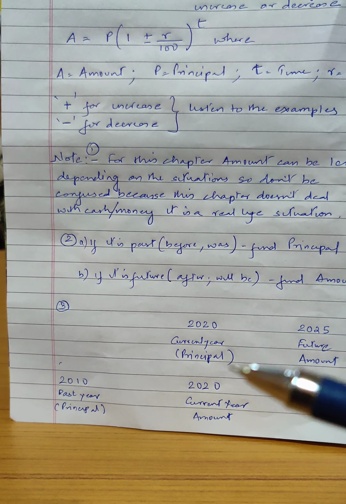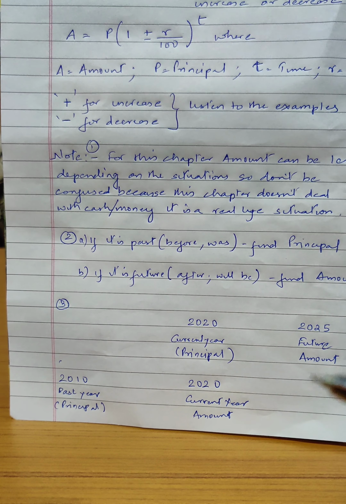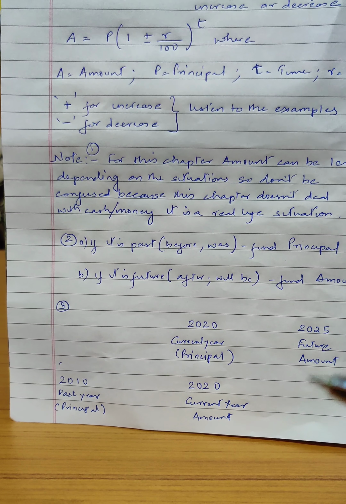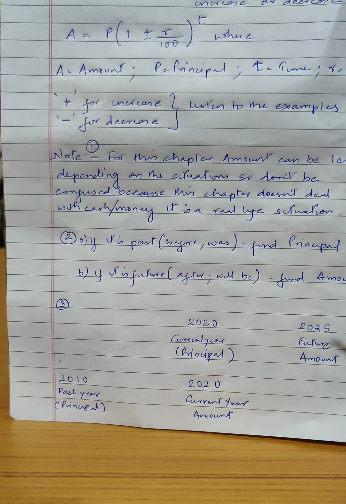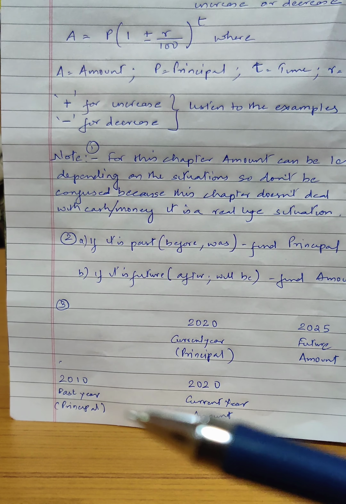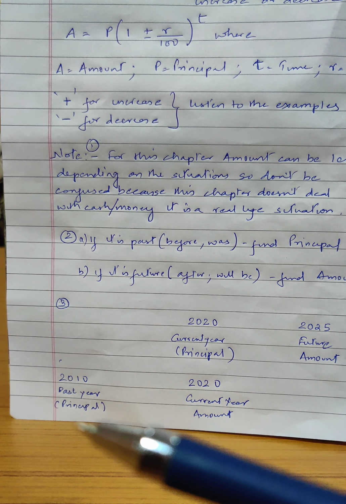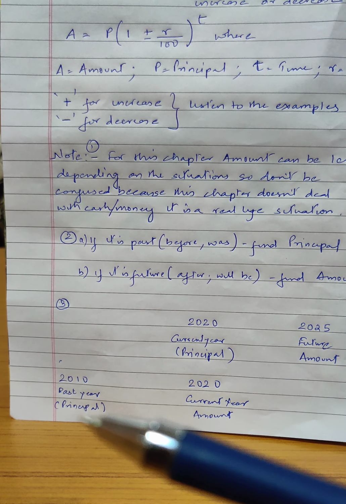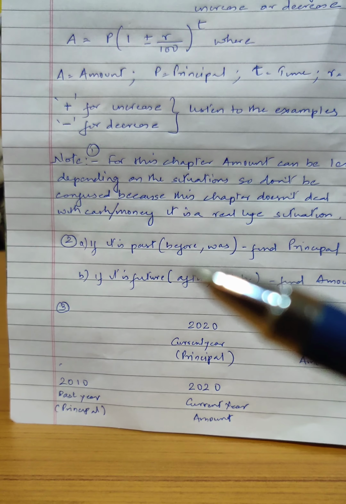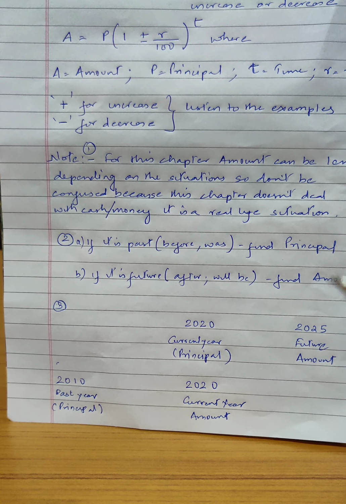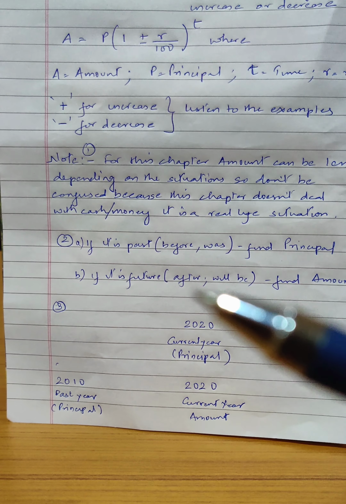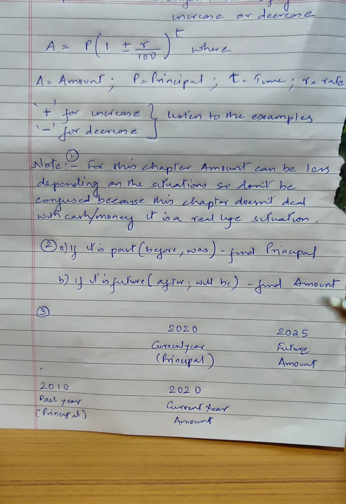So depending on the situation, you'll get a principal and amount. If you need to find what will happen in the future, you need to find amount. If you need to find what happened in the past or history, you need to find principal. Again, let's be very precise. Before is principal, and if it's future, you need to find amount.